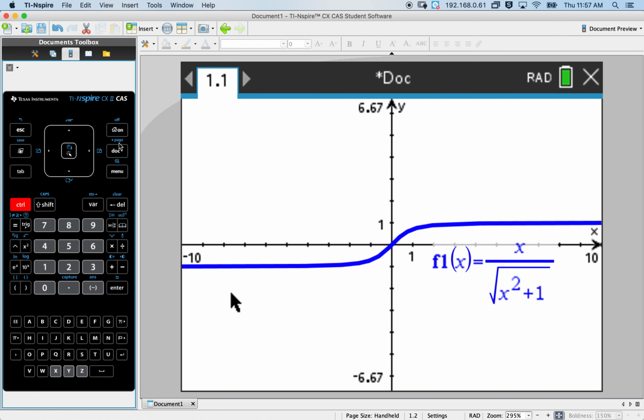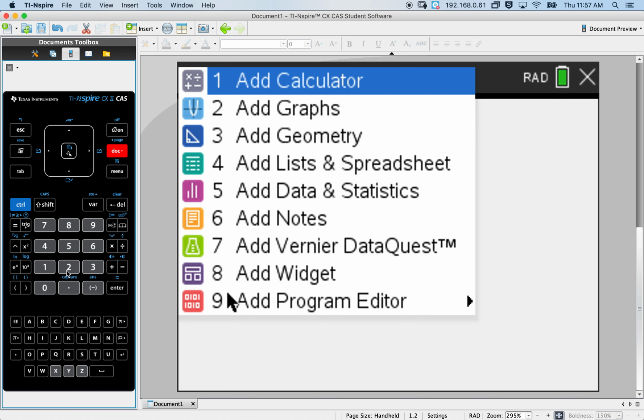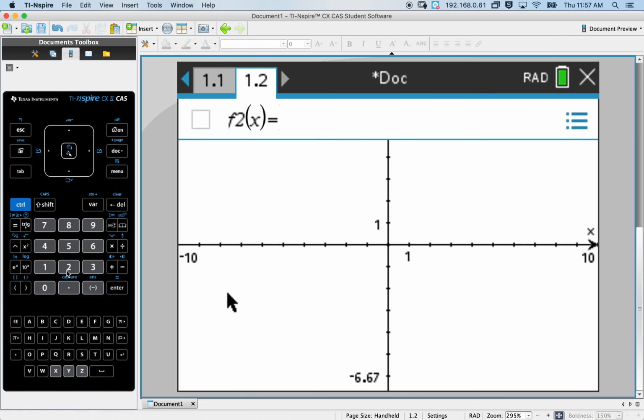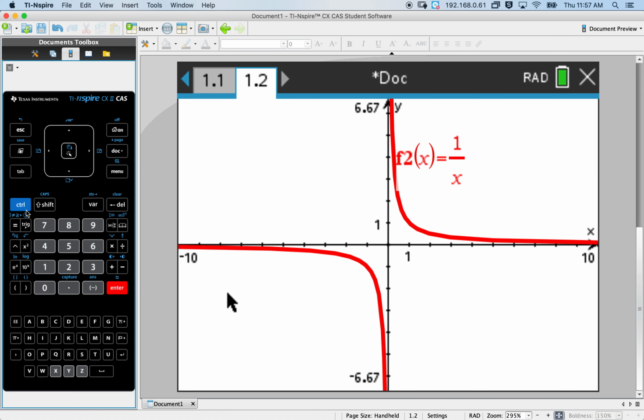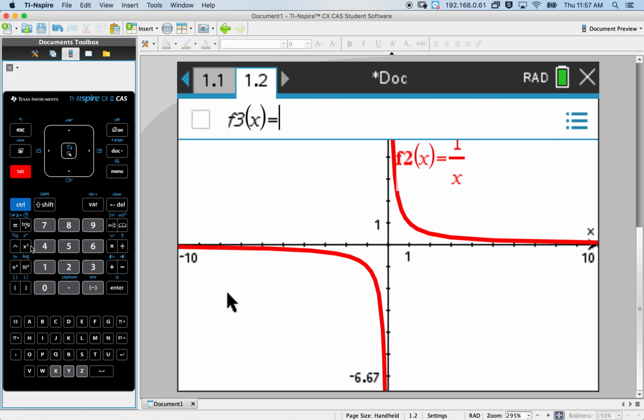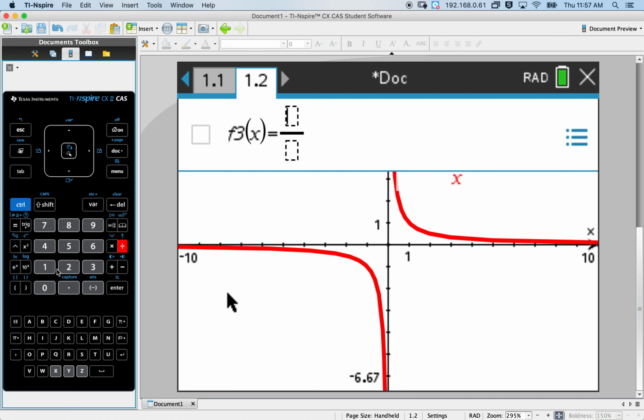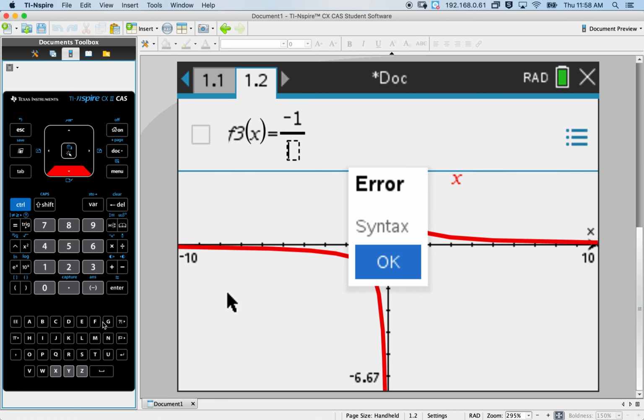I'm going to make a new page. Okay, so let's do 1/x to start. And then I'm going to graph -1/x. To make a new function on the Inspire, you just do tab, and then control fraction bar, -1/x.